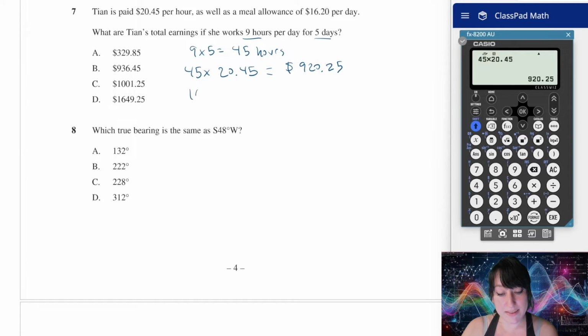For 5 days, we'll see how much that is. That's $81. So her total pay will be the sum of these two. $1,001.25. So the answer is C.